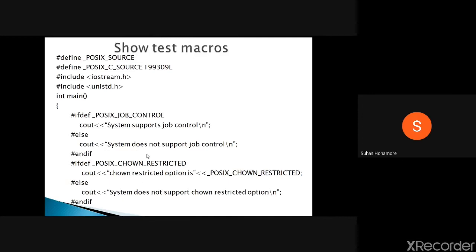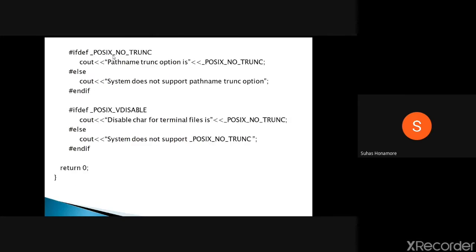Okay, this is just checking whether these POSIX-defined feature test macros are configured or not. If it is there, what is its value actually? Like that, for change ownership restricted, we are going to print its value. Like this, for POSIX no truncate we also check, and if it is defined, what is that value. If it is not defined, we just print that it is not supporting the path name.